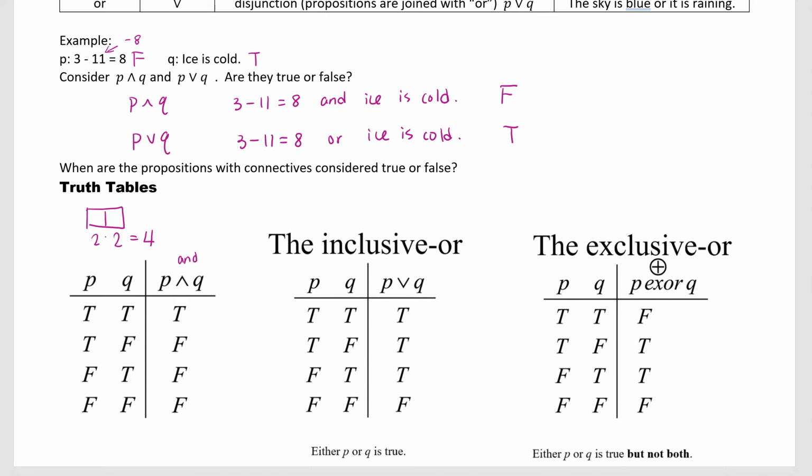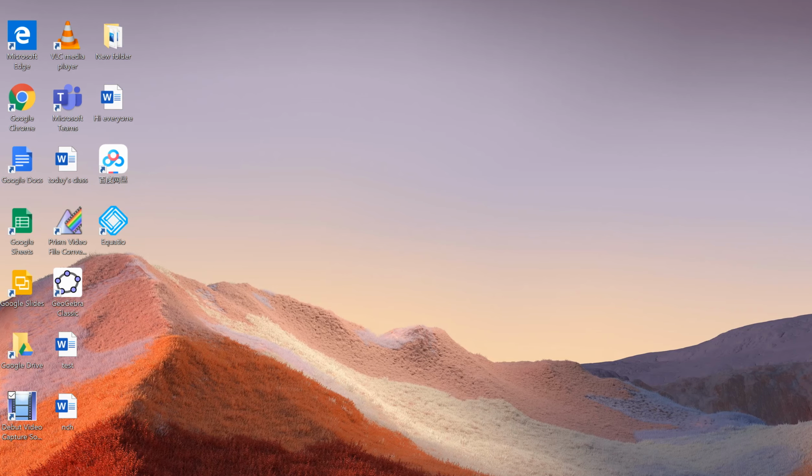Next, let's look at the inclusive or. So what is the inclusive or? So inclusive or means you can choose A, you can choose B, or you can choose both of them. Okay, so in this case, you realize the left-hand side is always the same when we have P and Q, two statements.